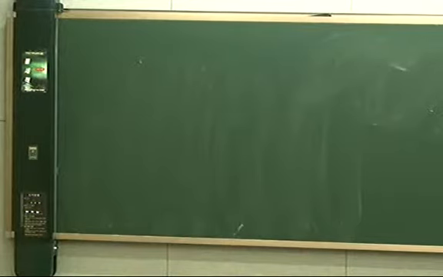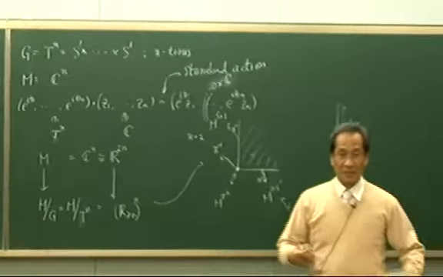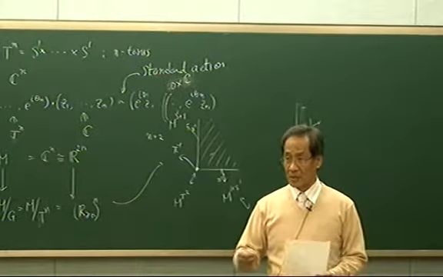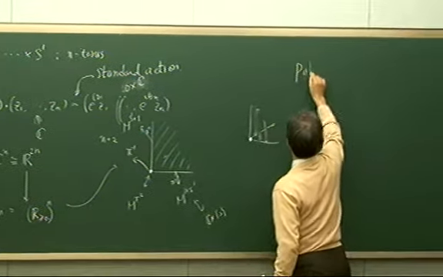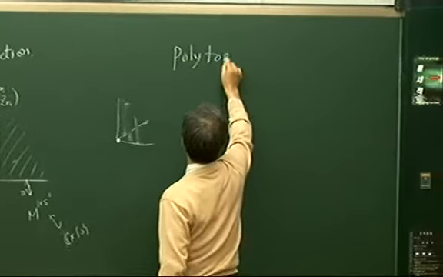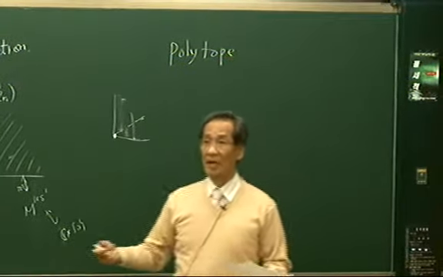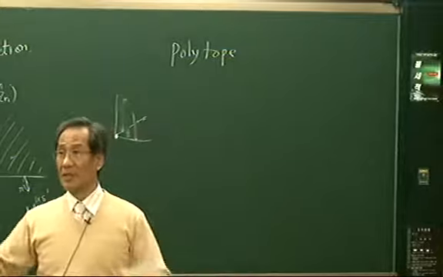Okay, so as you can see, this one looks more like a very familiar term in combinatorics called a polytope. And a polytope is a convex hull of points in Euclidean space.